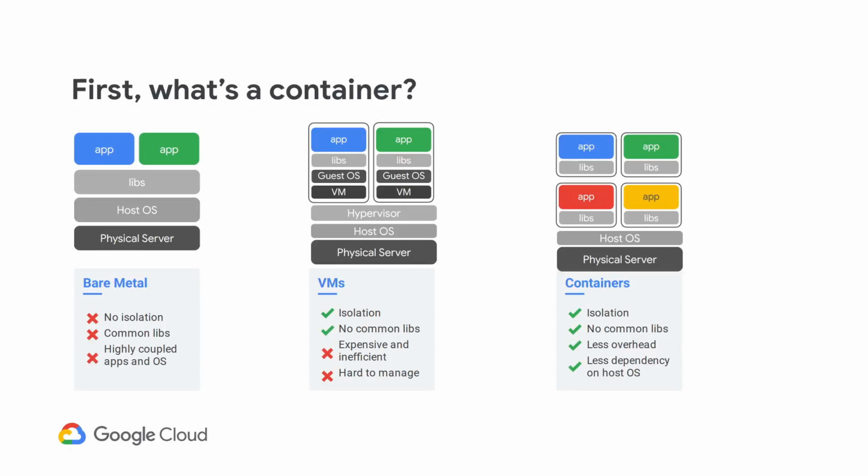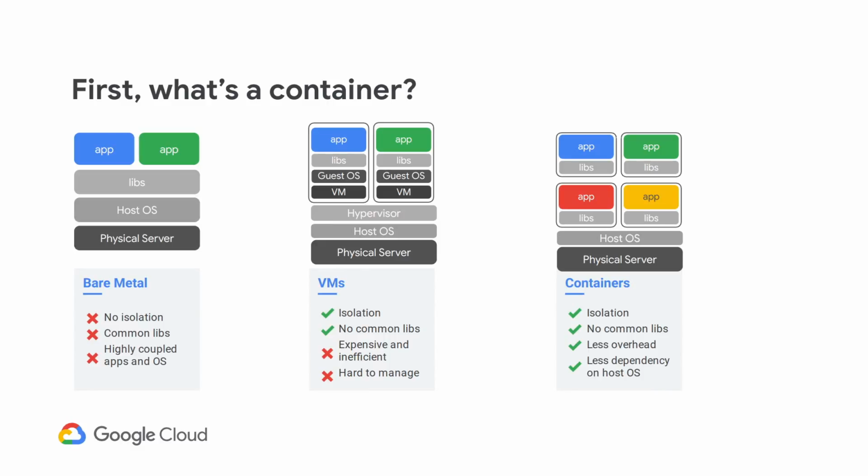There are no common libraries shared across the different applications. However, you can still see that managing a VM is still inefficient. It's still very expensive. Simple operations like auto-scaling, etc., definitely take way longer. So you still see a lot of disadvantages with the deployment model of a virtual machine.